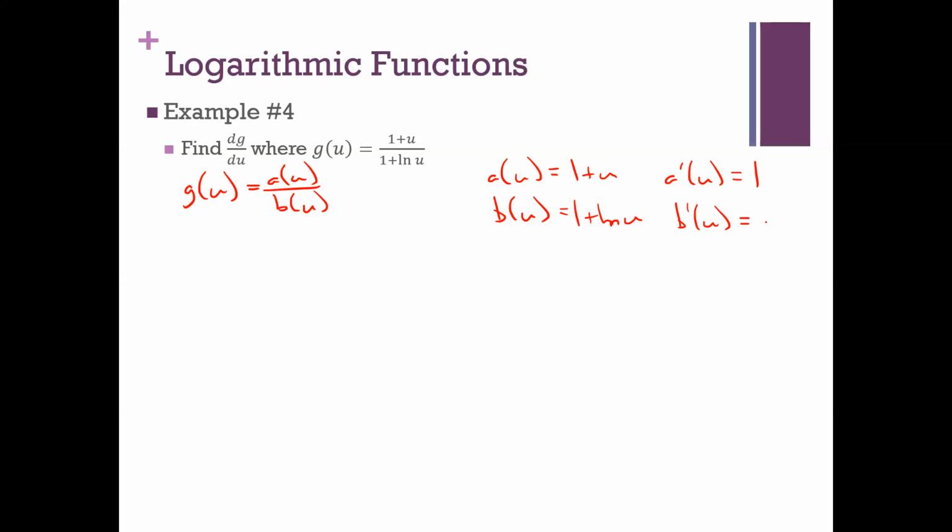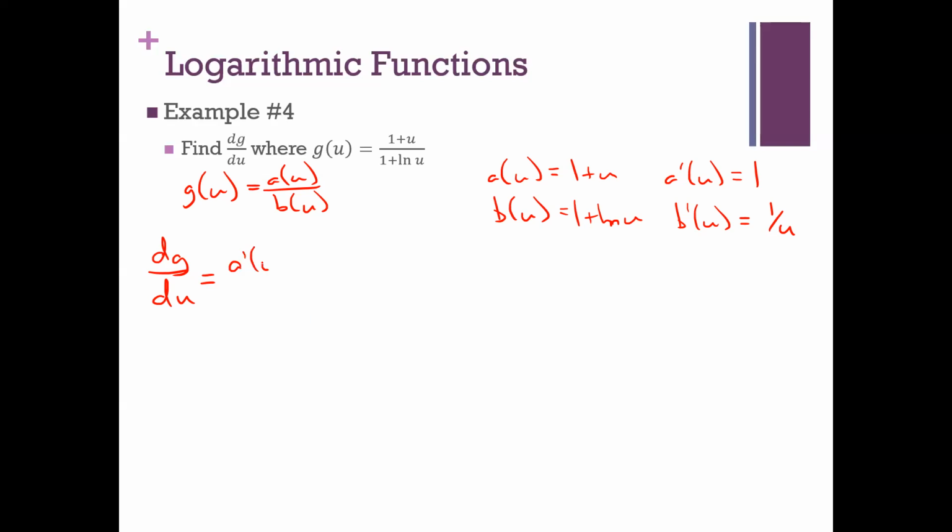How about b? Oh, 1 over u. Okay. Now, based on that, can we go for dg/du? So 1 plus ln u. Okay. That's just times the 1.